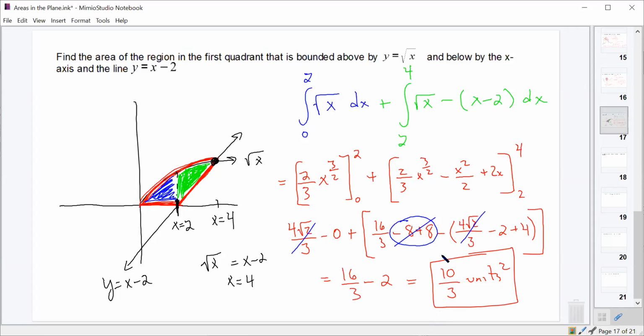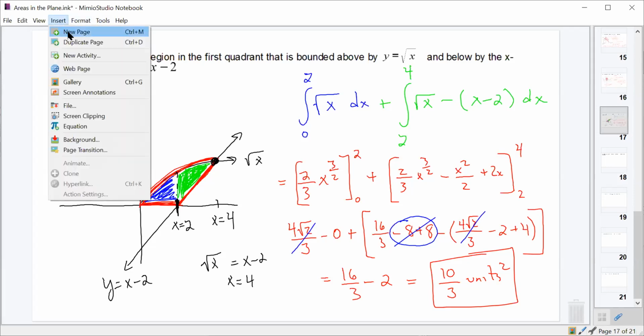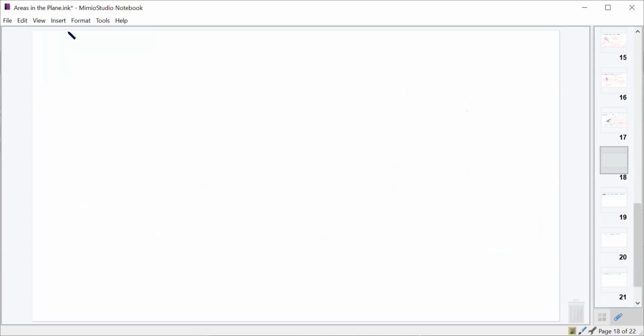Can you also do the integral from 0 to 4 of the square root of x, minus the integral from 2 to 4 of x minus 2? Oh, what a great idea.